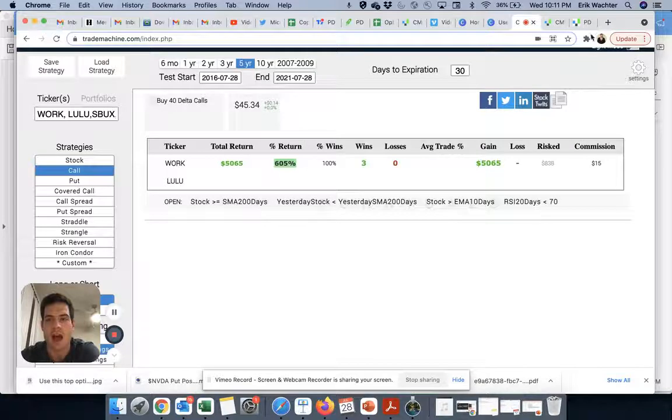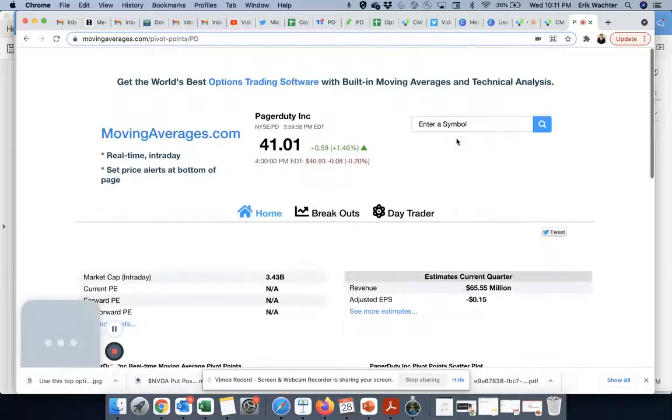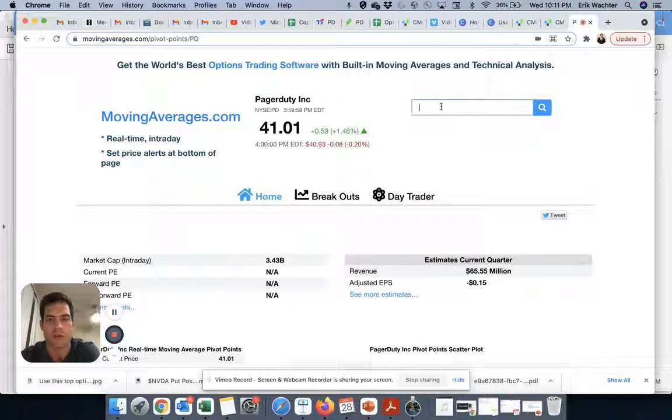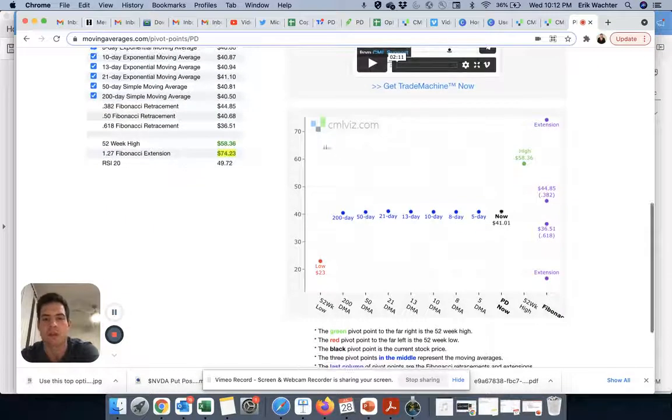So what I like to do, a tool I like to use for real-time moving averages is movingaverages.com. This also comes from the same maker as Trade Machine, CML Viz. So for example, yesterday I know that the stock PD, which is PagerDuty, was below the $40.05 price, which is what the 200-day moving average is.